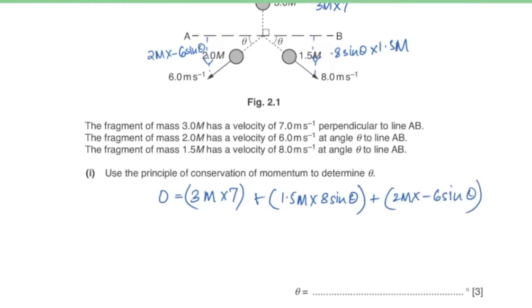And this also needs to be negative because this is also moving downwards, so negative 8 sine theta. So this becomes 21m is equal to 24m sine theta. M and m on both sides get cancelled. So sine theta is equal to 21 by 4 and theta gets 61 degrees.